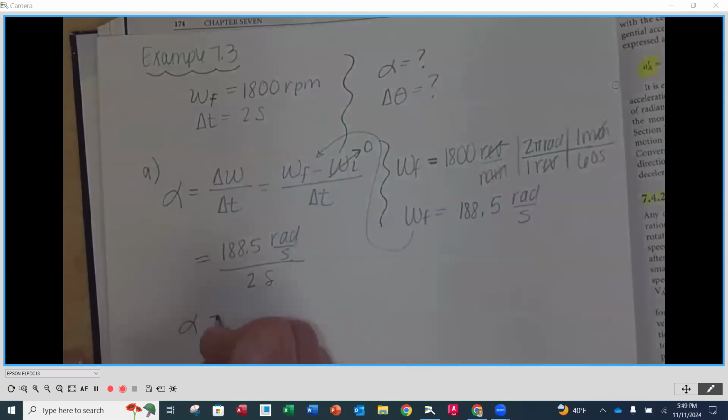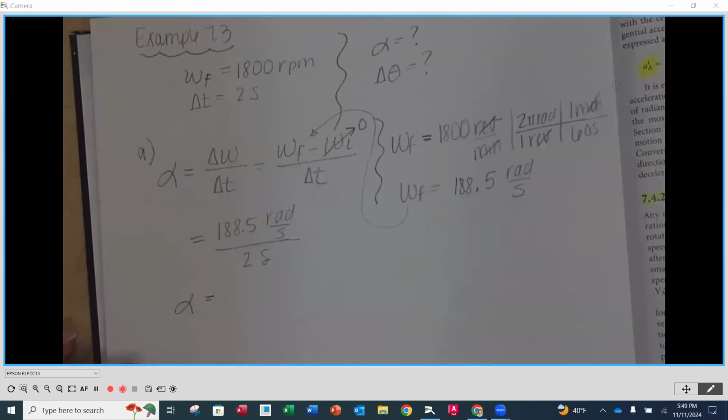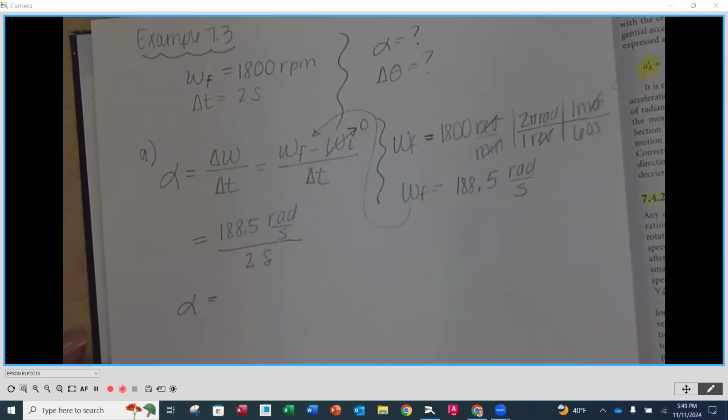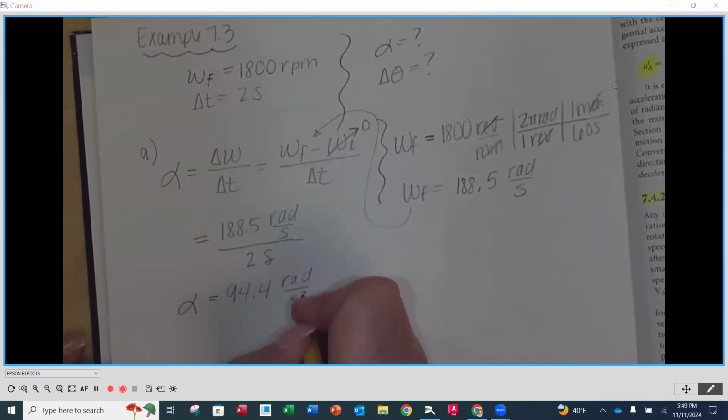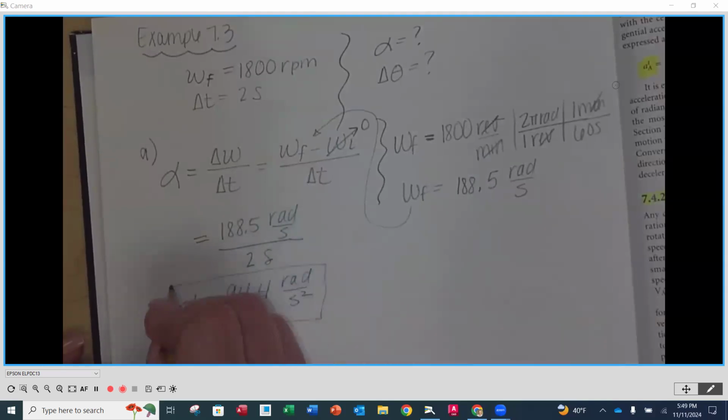So our alpha, what do we get for alpha? 94.25. I got 94.4. So depending on what you rounded. So 94.4. I'm going to stick with that. Radians per second squared. And that's one of the values that they were asking for.